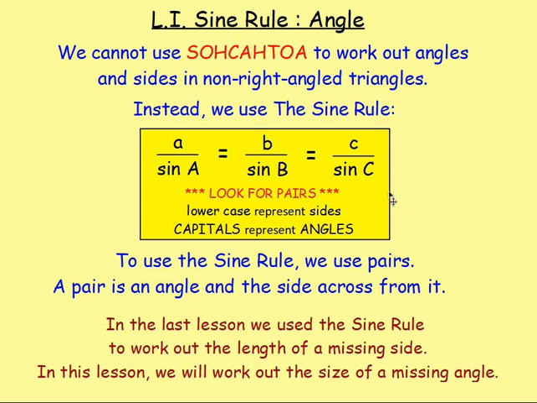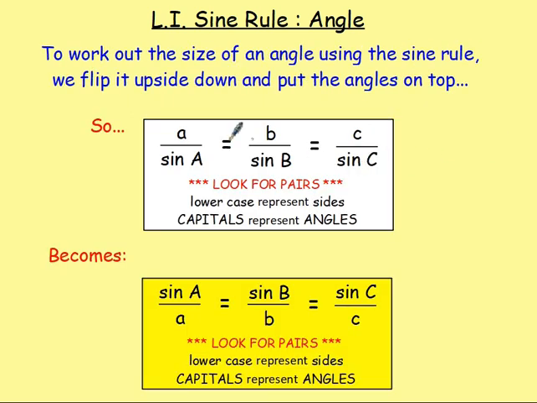That is what we were looking at in the last lesson. However, in the last lesson we were looking at sides. If we're wanting to work out the size of an angle, what we do with this formula is we flip it upside down. So instead of a over sine A equals b over sine B equals c over sine C, we get sine A over a equals sine B over b equals sine C over c.